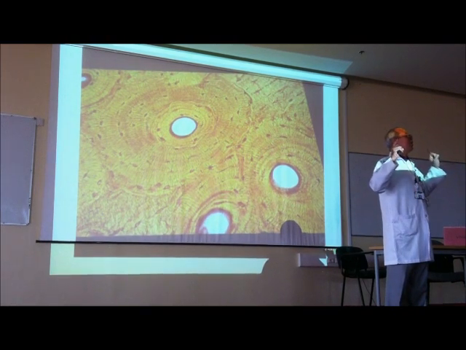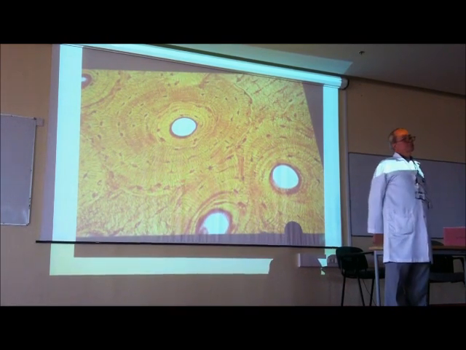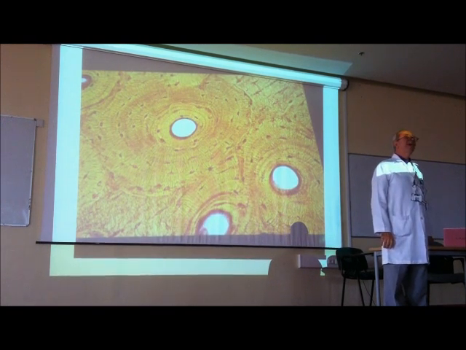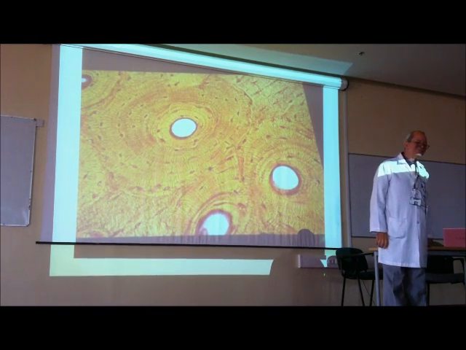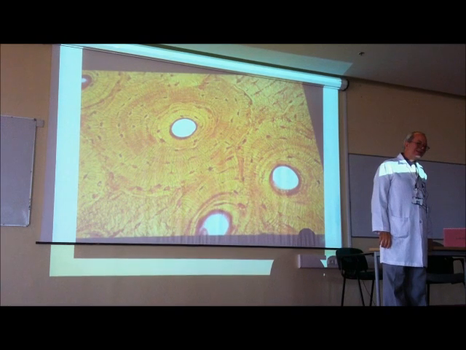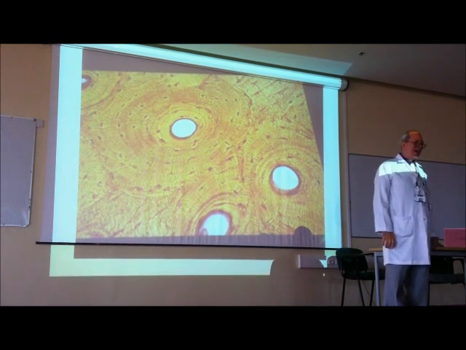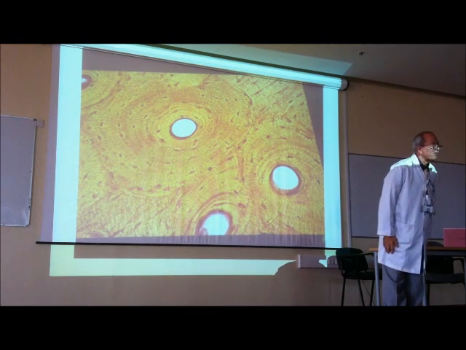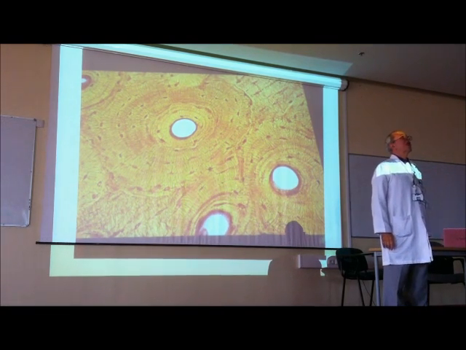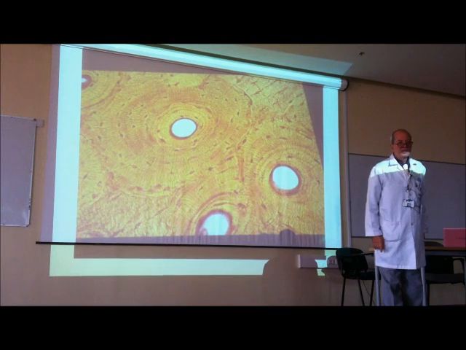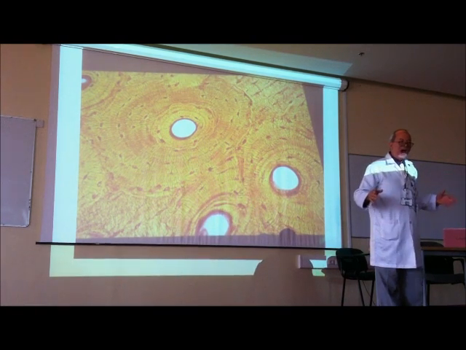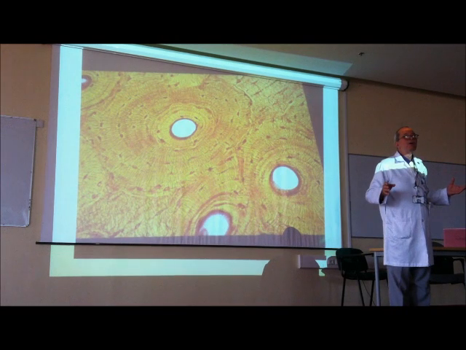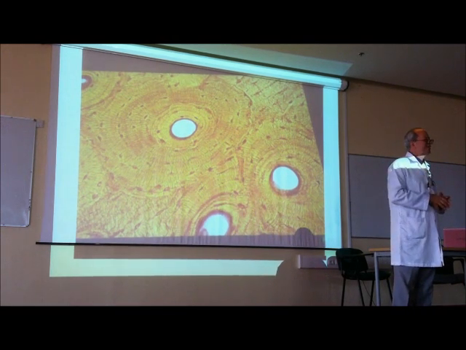What is the structure of endosteum? Loose connective tissue containing what? Osteogenic cells and osteoblasts, and it may contain osteoclasts at sites of destruction, because osteoclasts are formed by the fusion of blood monocytes.